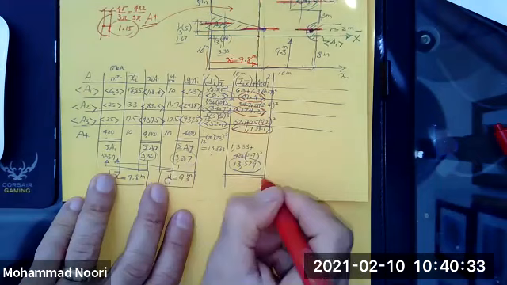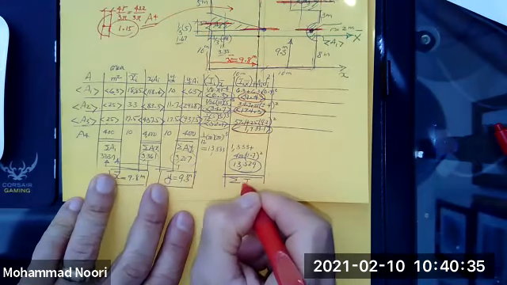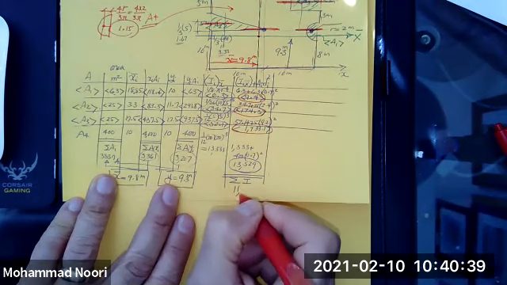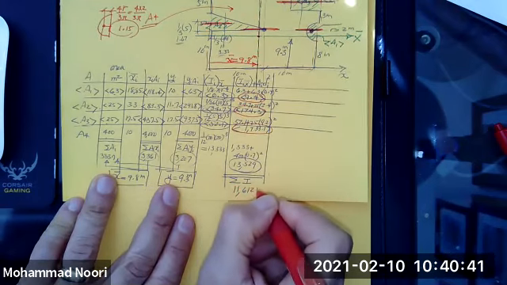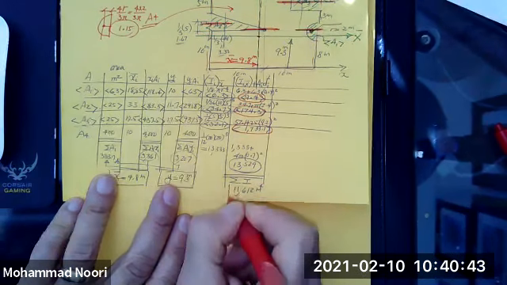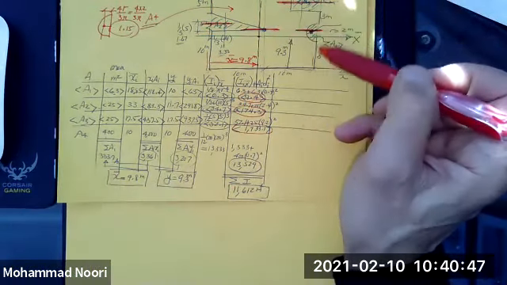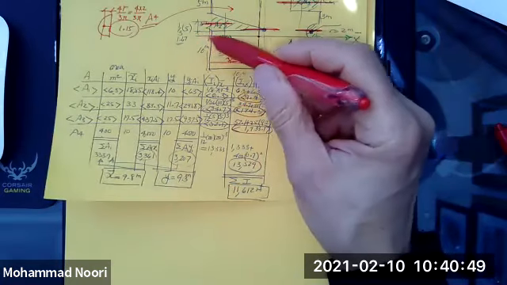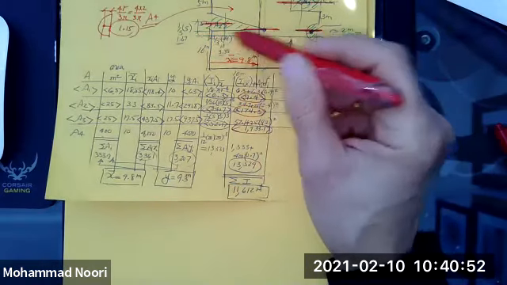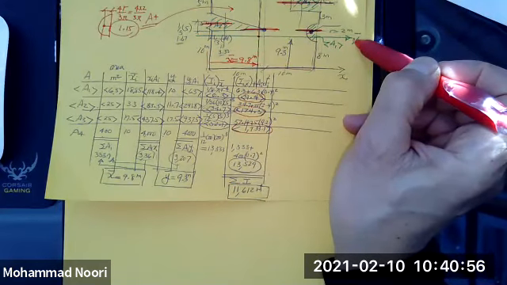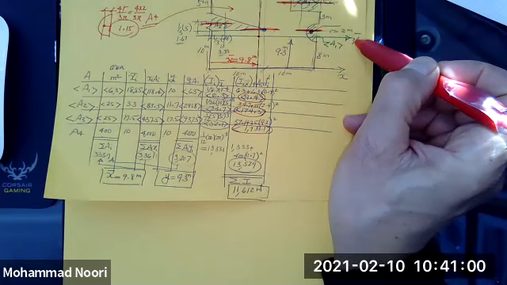Now all you have to do is add these up, and that will give you 11,612 meters to the fourth, which is the moment of inertia of this shape about this centroidal axis. Any questions?